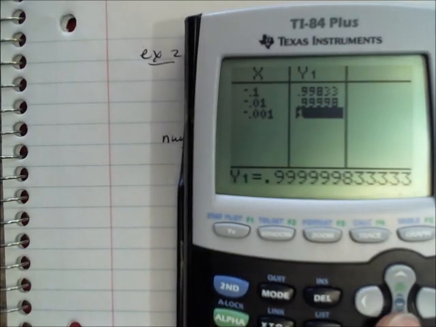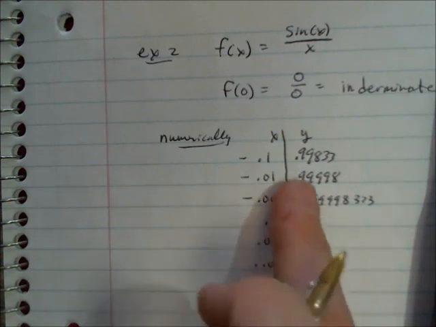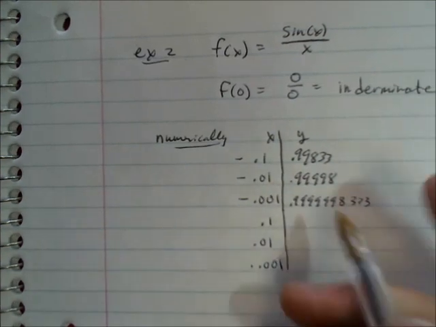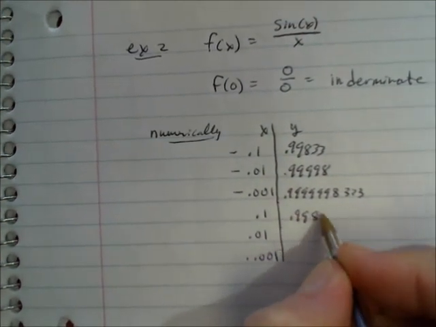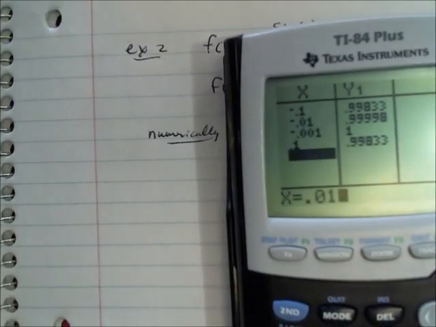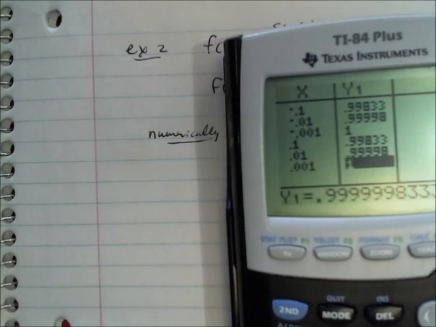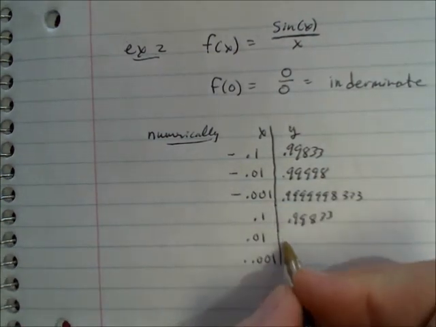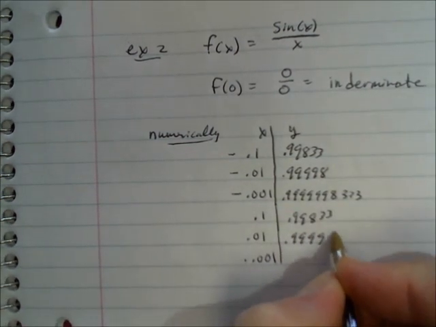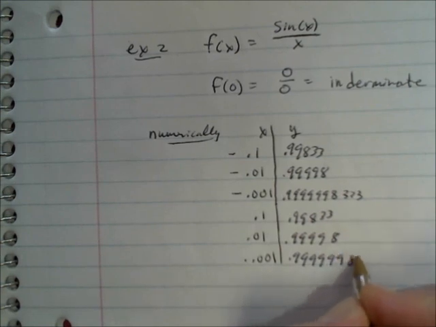And then when x equals positive 0.1, you'll see the exact same numbers as you did with the negative ones: 0.99833. If you put positive 0.01, you get that same number, and positive 0.001, you get that same value.